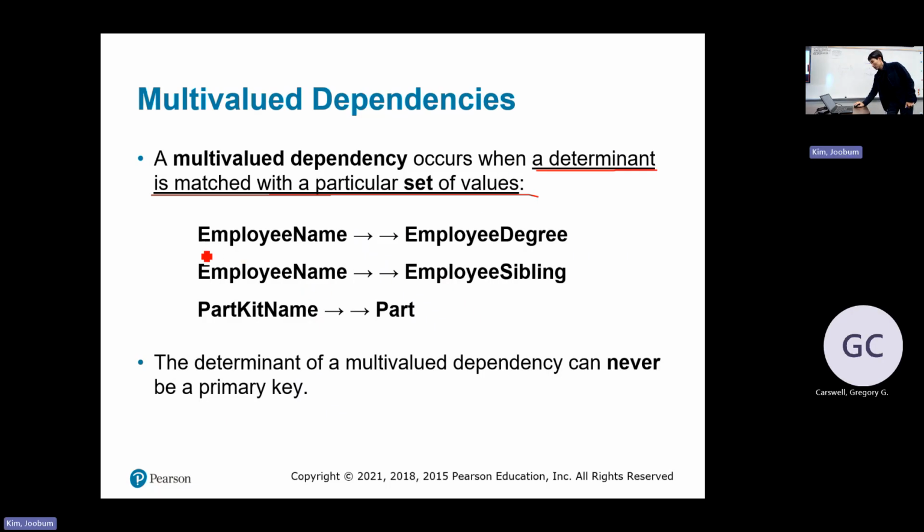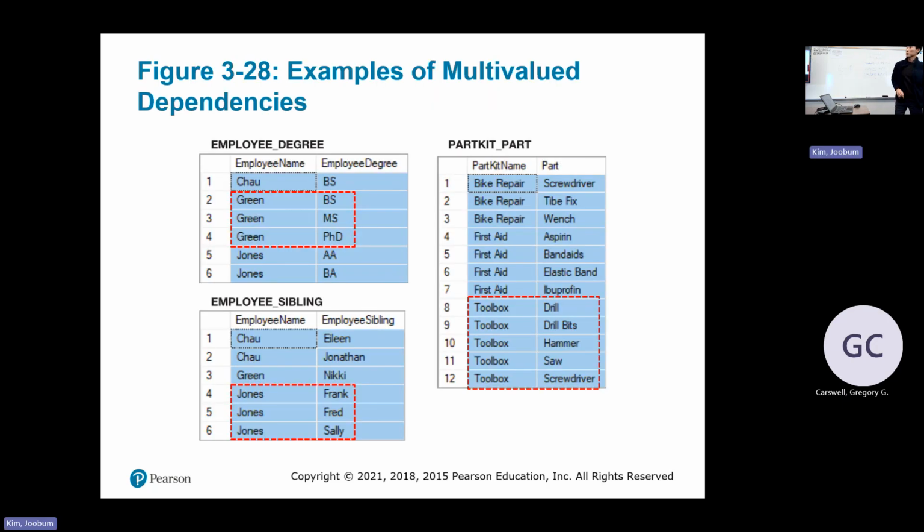So for example, employee name, degree name, sibling name. Take a look at this table. There are three tables. The first one, employee and degree: name and then degree.